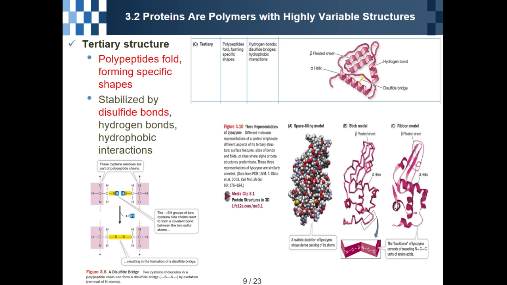So to form a specific shape, usually the disulfide bond stabilizes the tertiary structure, like this.